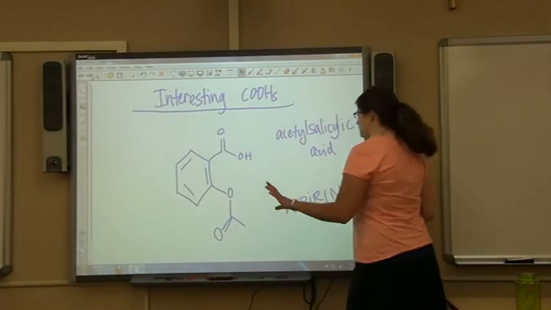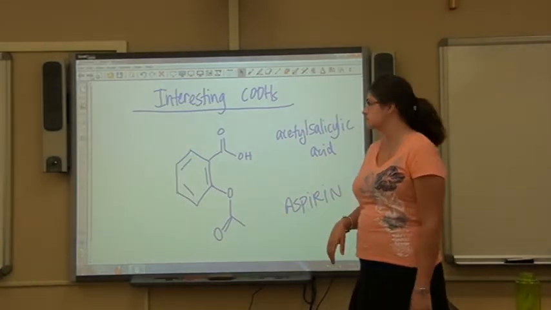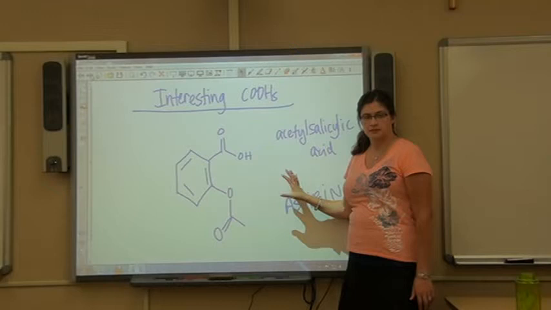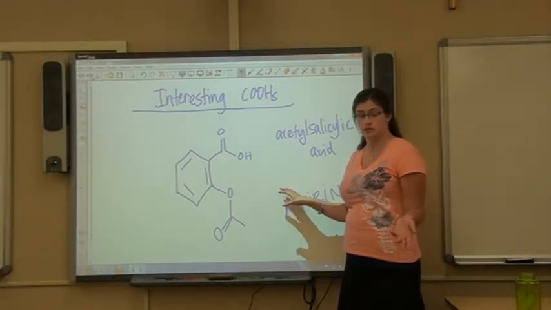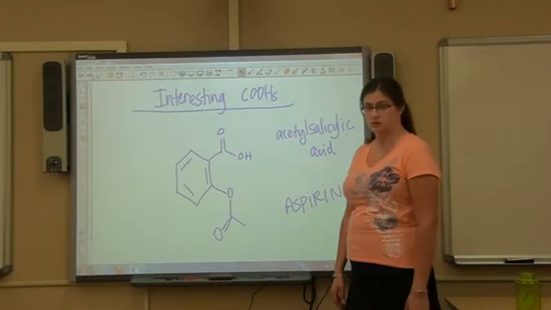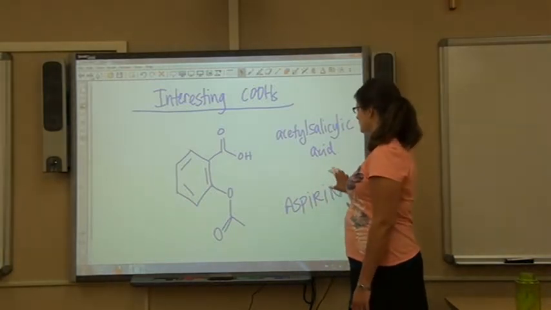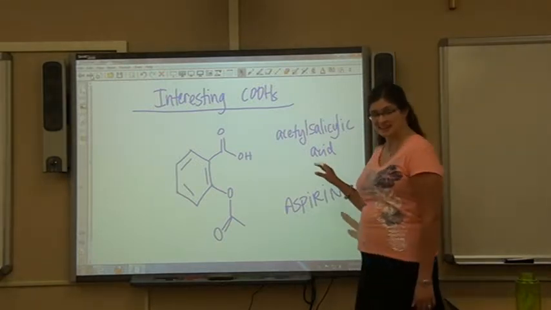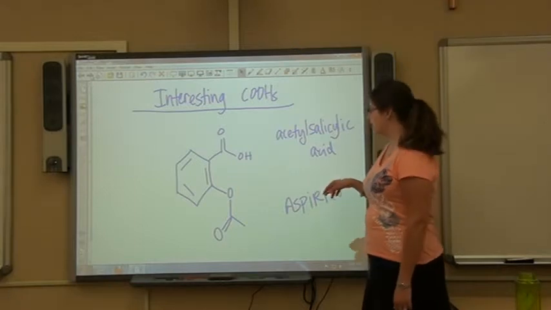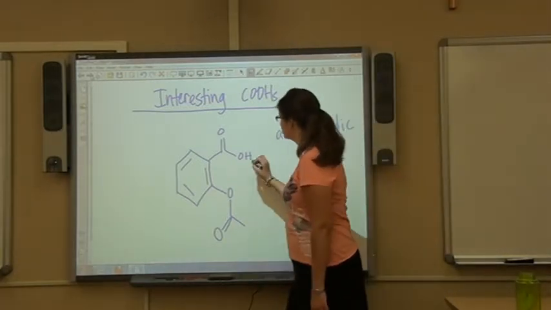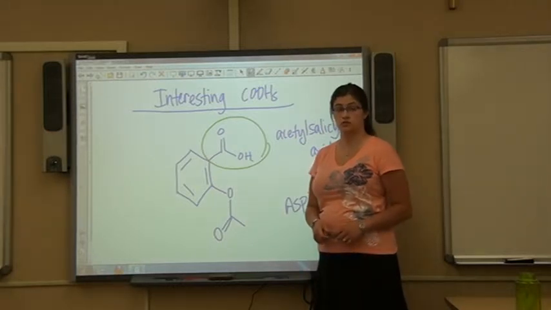Okay, now I just want to talk to you about a few interesting carboxylic acids that you'll see. You see this probably every day in your practice. Maybe you even take an aspirin every day, or you use it as a pain reliever. Acetylsalicylic acid is the name of aspirin, and it has the carboxylic acid functional group.